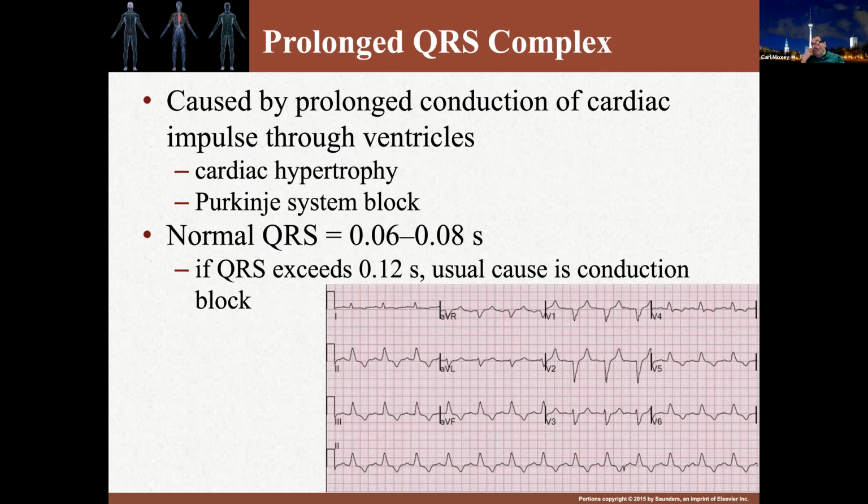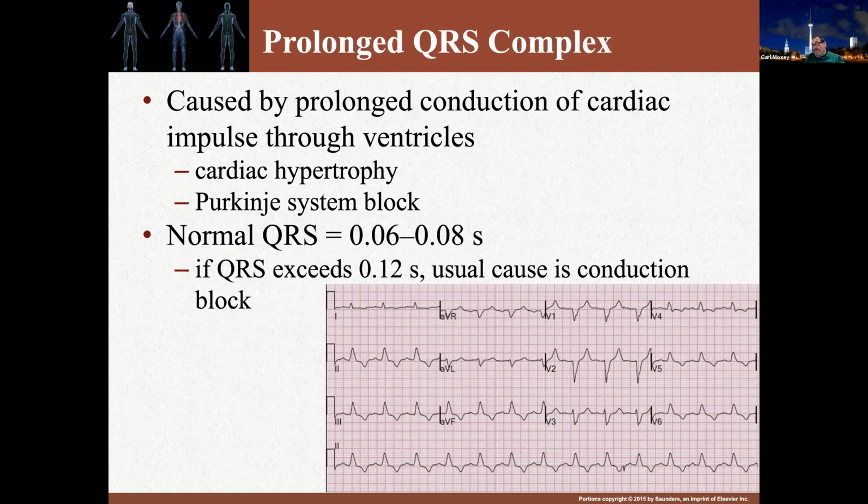A prolonged QRS means that you've got an increase in the time that it takes for the electrical signal to move through the ventricles. And this is generally, again, due to hypertrophy of the heart. But it could be a Purkinje cell system block.